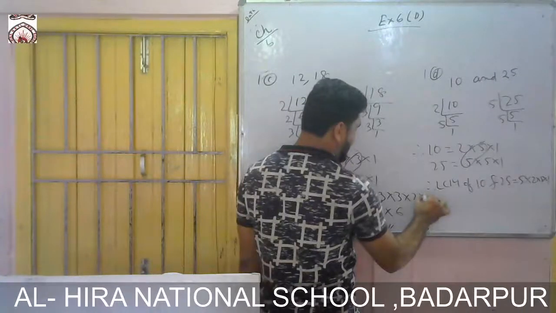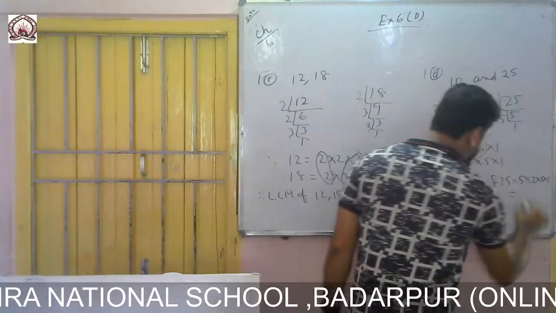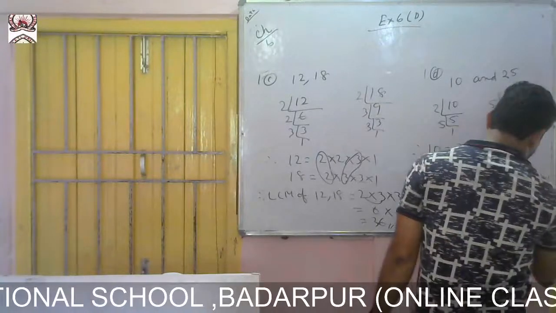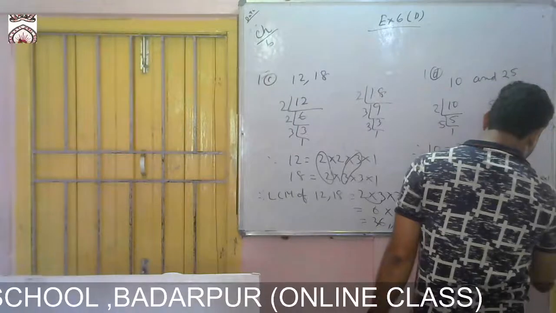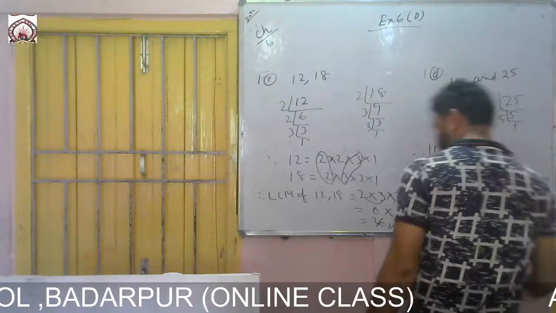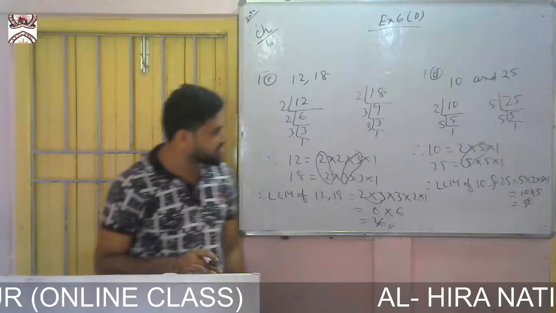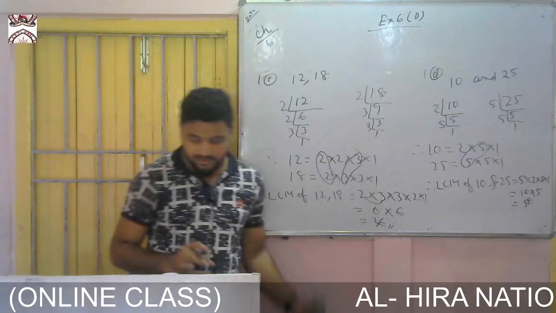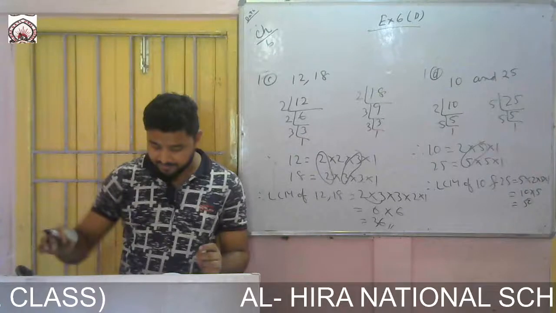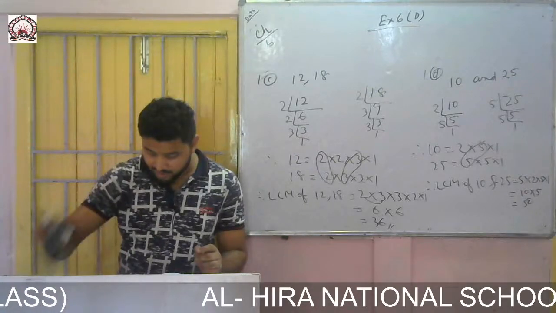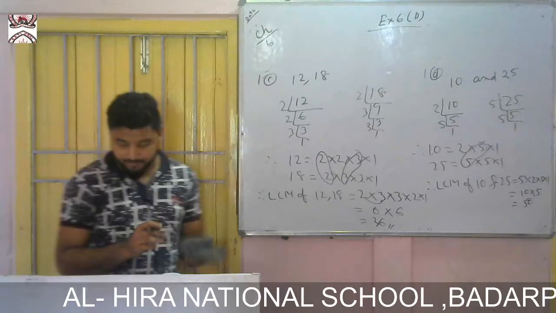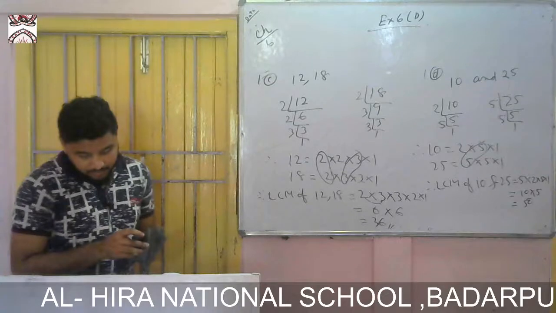So 5 twos are 10, 10 fives are 10 into 5, that is 50. So that is the answer. Now come to question number 2, which is of the same type. From question number 2 I am solving 24 and 18.